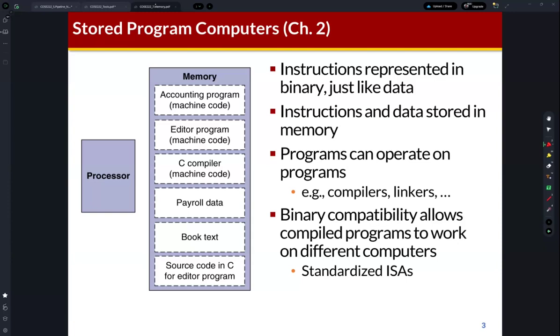So we can store any data. Also, instructions are data, right? Then the processor reads this data from the memory, and then processors can execute the instructions, or process our data.